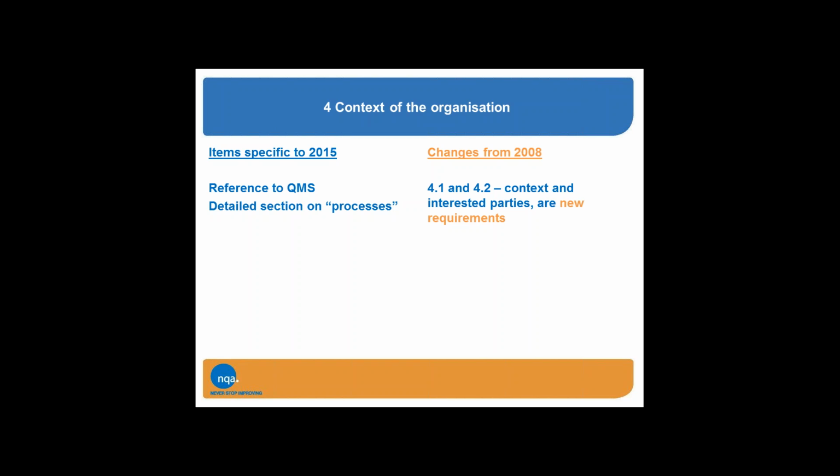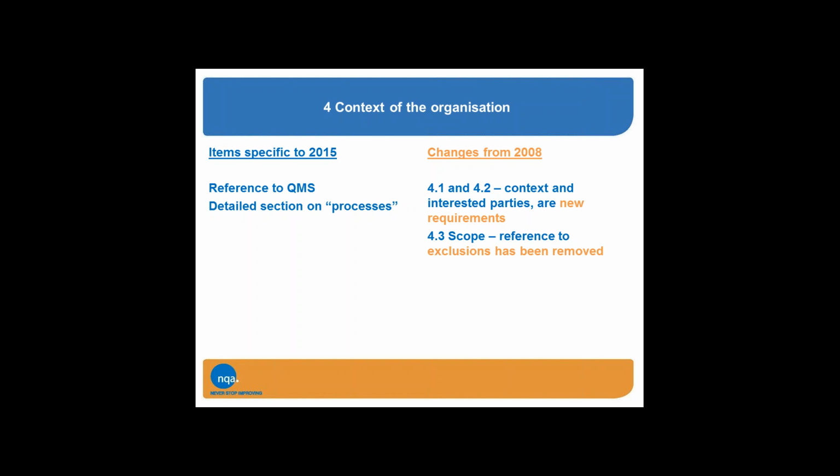So what's different from 2008? Well, we have these requirements, context and interested parties, and these are new. We don't have these terms in 2008. Within the scope requirement in 4.3, the reference to exclusions has been removed.